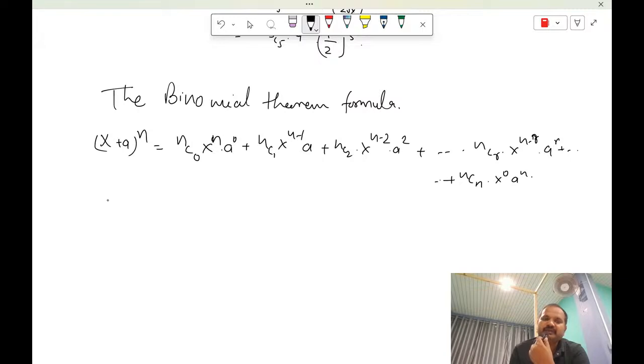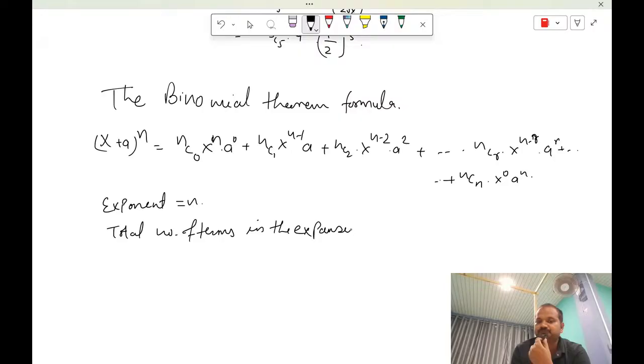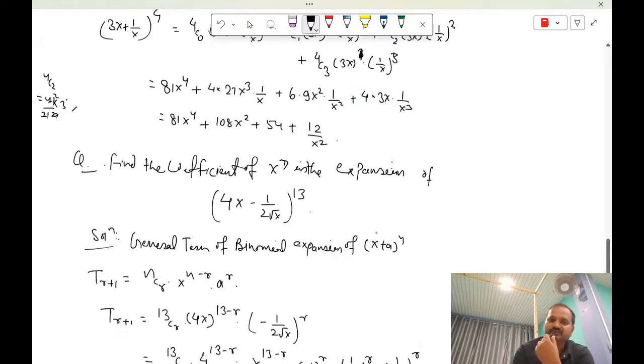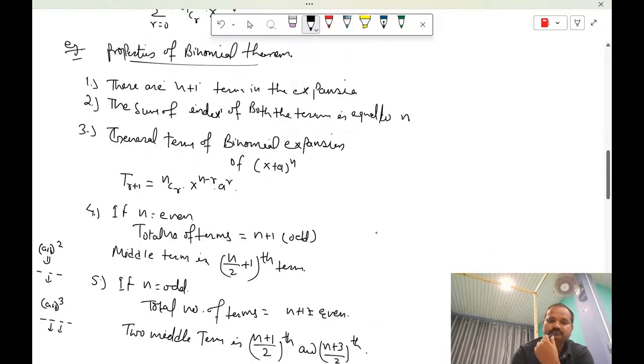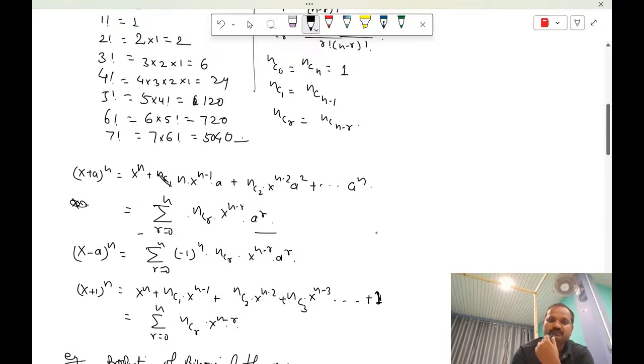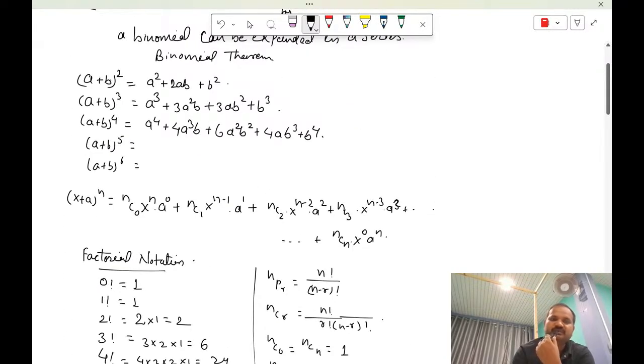So if the exponent is given n, the total number of terms in the expansion will become n plus 1. We have seen in the previous class, here n is equal to 2, so there are three terms in the a plus b whole square.